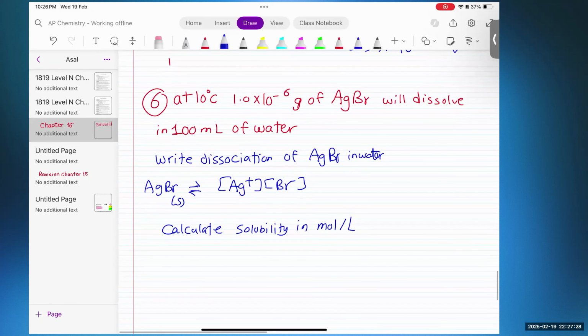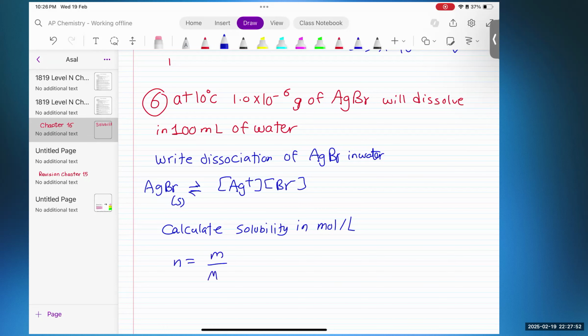What is the solubility? The ratio is 1 to 1, and you don't have the KSP; you have the concentration, the number of moles, or the mass. If you want to find the number of moles, you just divide the mass by the molar mass.